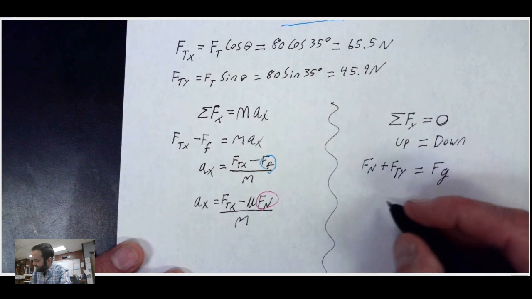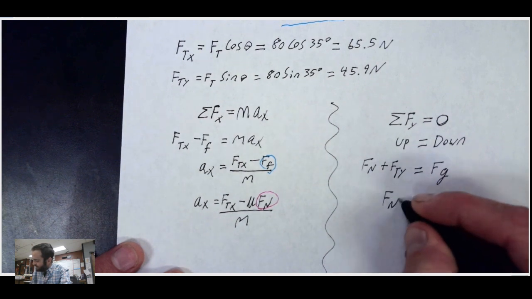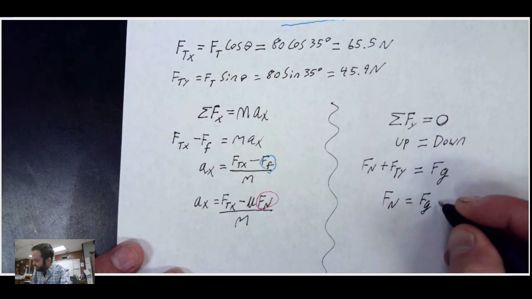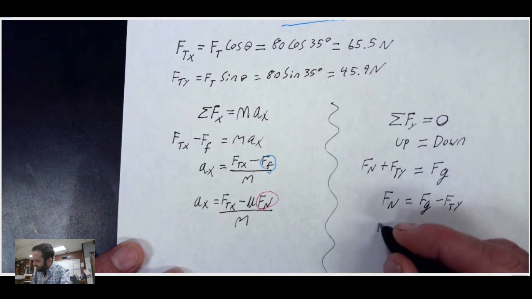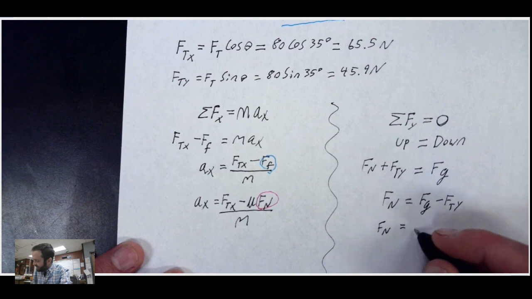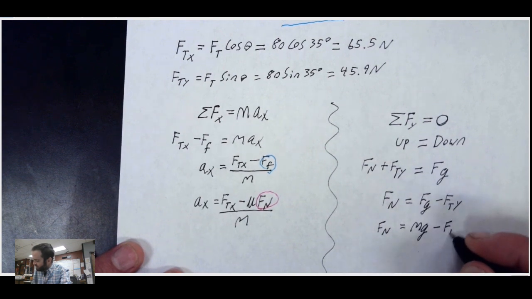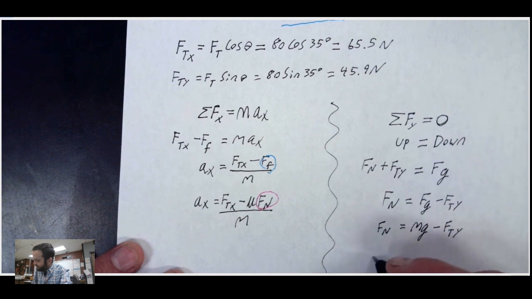Now, I'll rearrange. Normal force is equal to the force of gravity minus the force of tension in the y direction. Do another round of substitutions. Force of gravity is equal to mass times the gravitational field strength minus my force of tension in the y direction. I'm going to plug in some numbers.